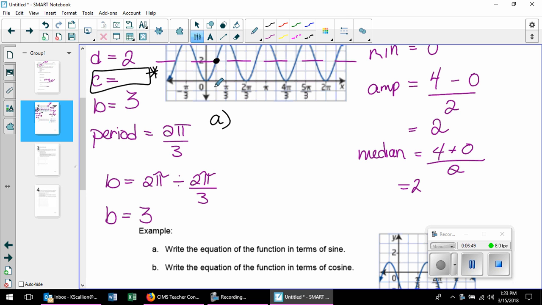This would be a measurement of pi over 6. That's half of pi over 3. So the first time I see a median, a positive median, is at pi over 6. That's for sine. So my equation would go like this. Y equals A, which we said was 2.